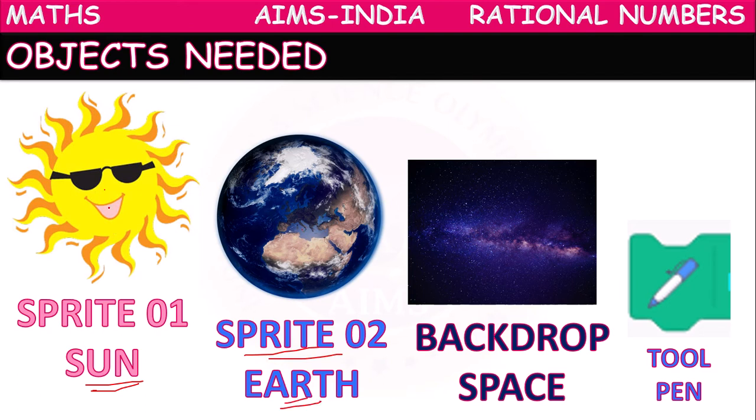And we have to locate these two objects in the backdrop or background space. The sun will be at the middle of the space, while the earth is rotating around the sun, we have to draw a line along the axis of rotation. For that we need a pen tool.